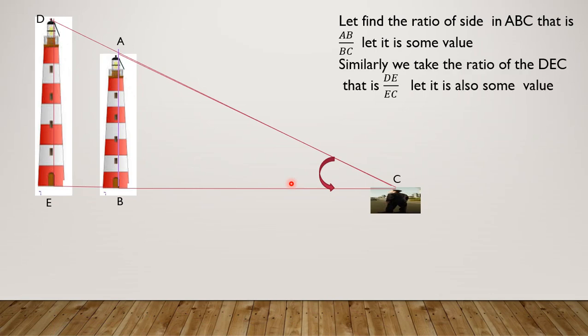In triangle DEC also we can find the ratio of the sides, DE upon EC. Let it also have some value.